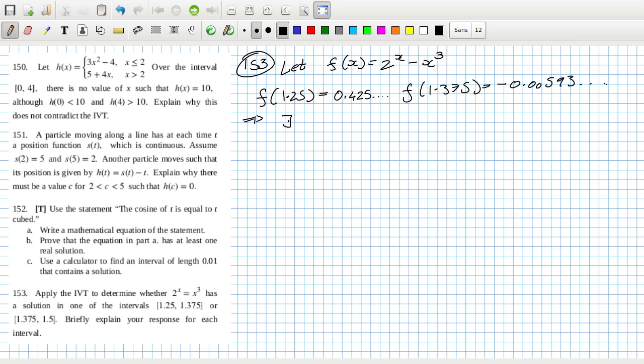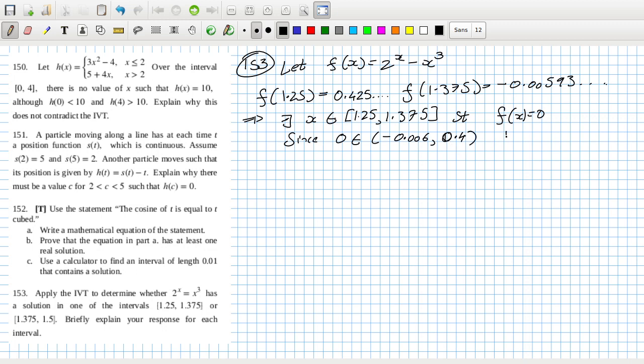So that implies there exists an x in the interval 1.25 to 1.375 such that f of x is equal to 0, since I can choose 0, since 0 is in the interval minus 0.006 to 0.4, or whatever you rounded off.